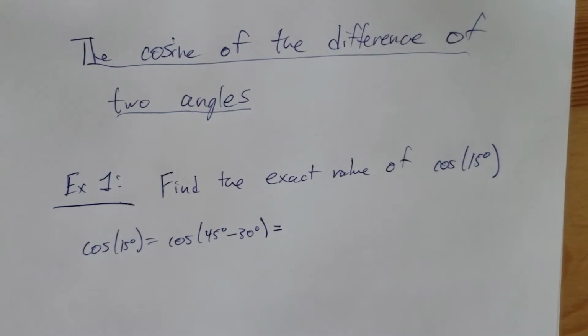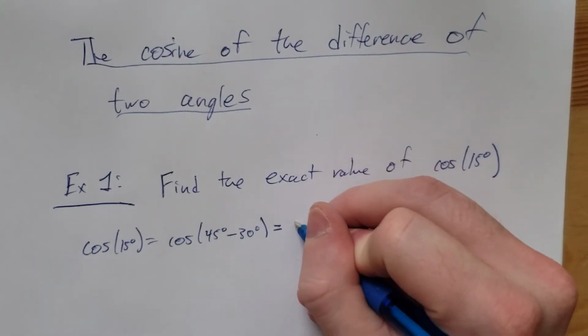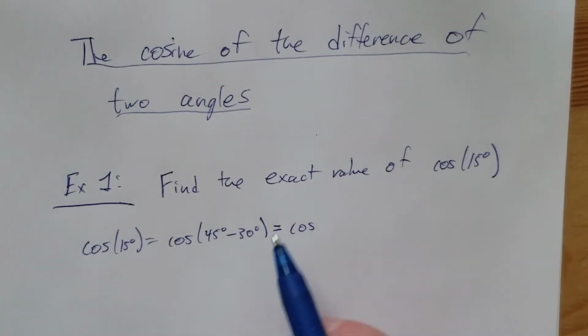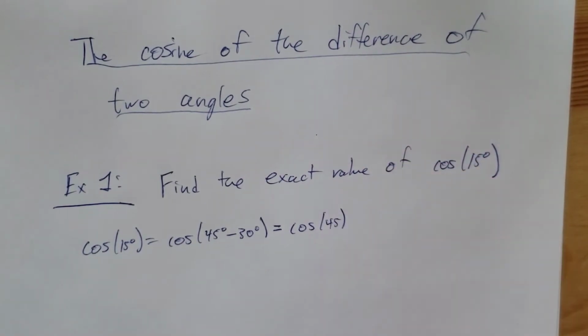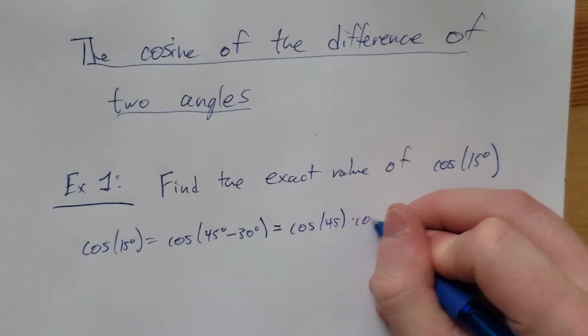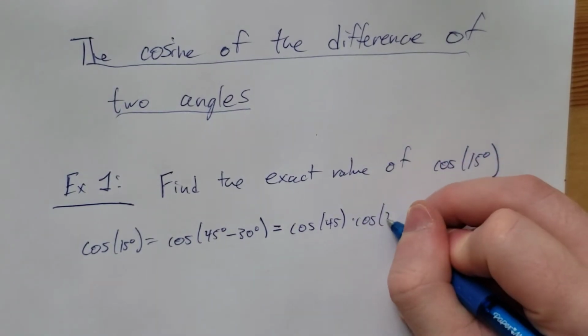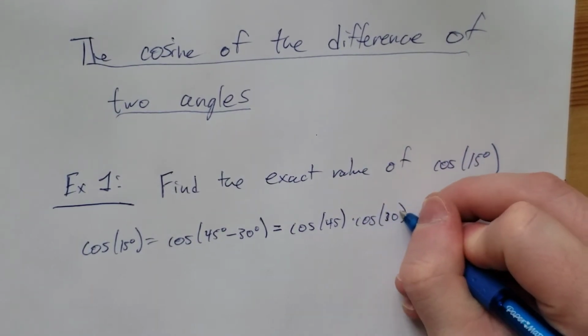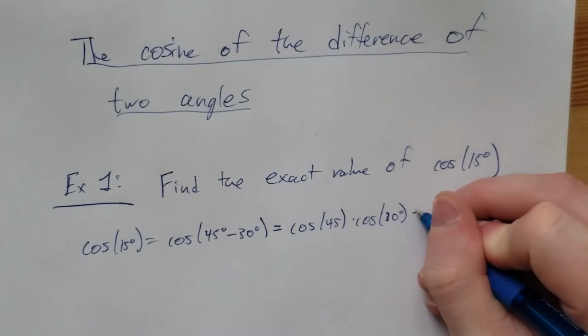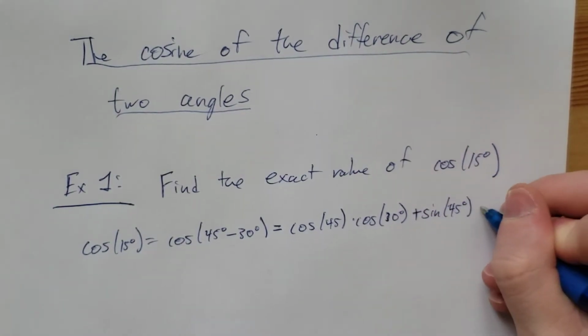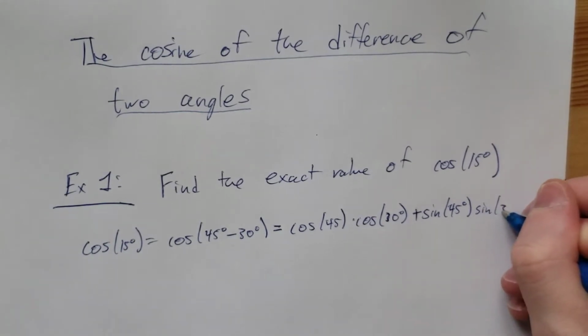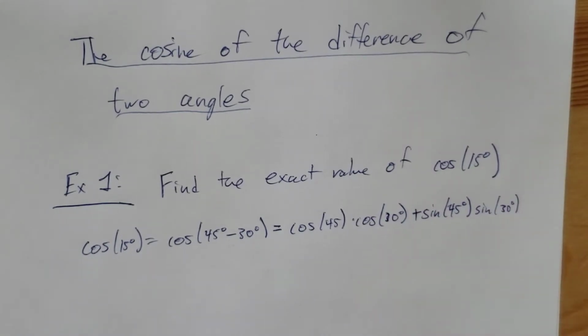That formula is cosine of the first angle, alpha, so 45, times the cosine of the second angle, which is 30, plus sine of the first angle, so 45, times sine of the second angle, which is 30. And that's our formula.